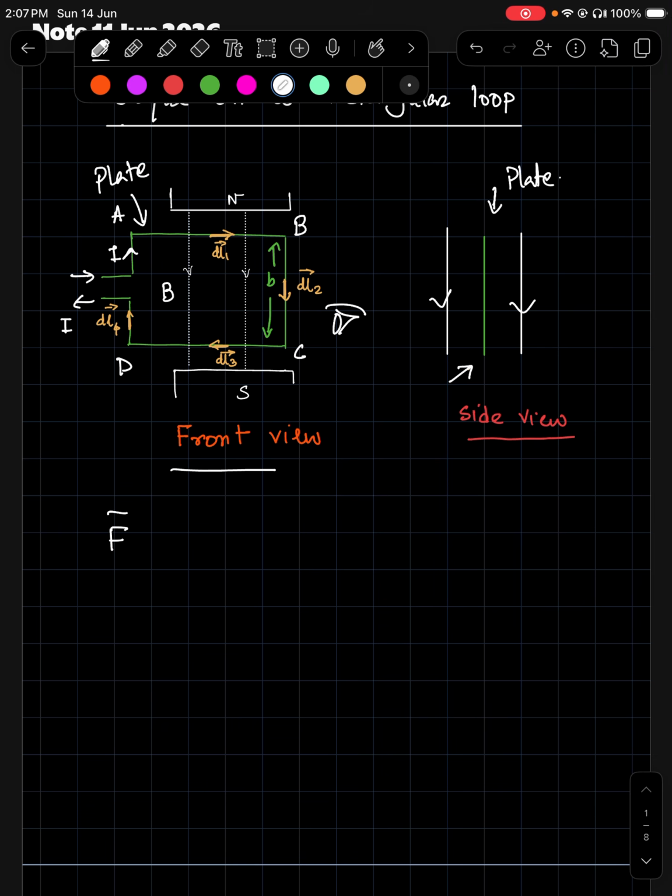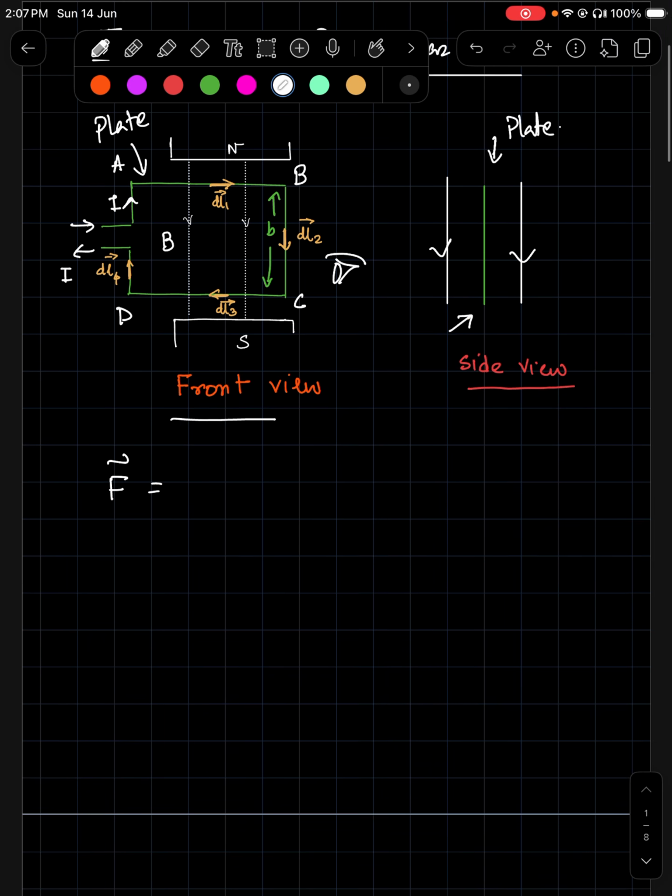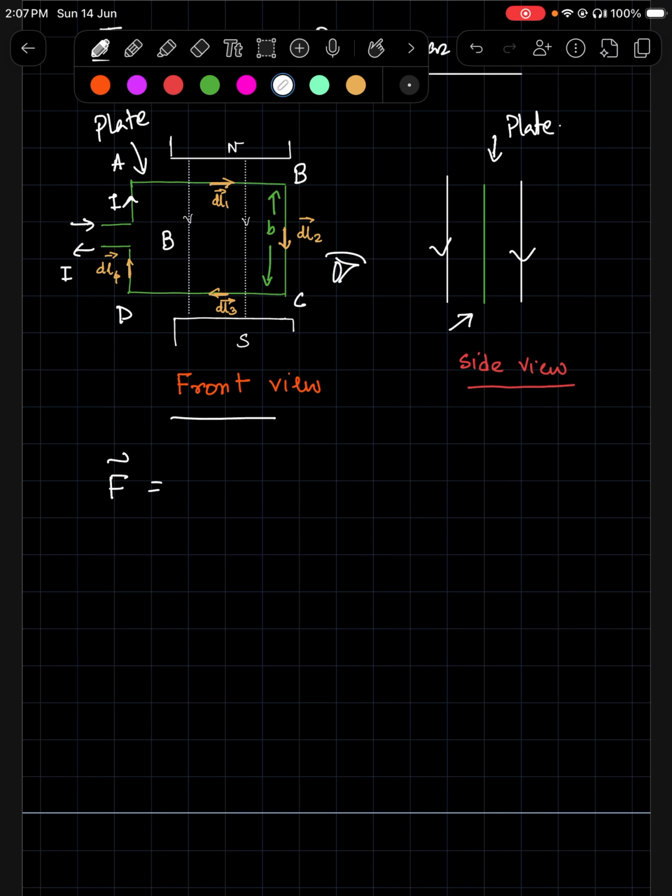The formula of the force comes from the Lorentz force law, that is I integral dl cross B. I is kept outside the integration because the current is taken to be uniform. Now we are going to consider the force on various segments part by part.